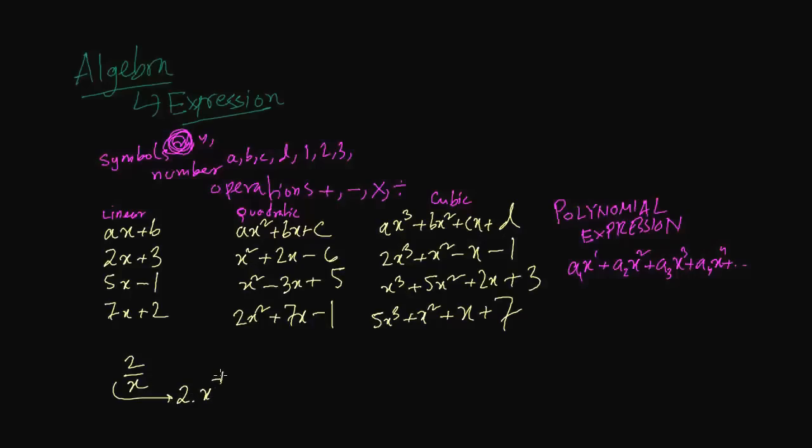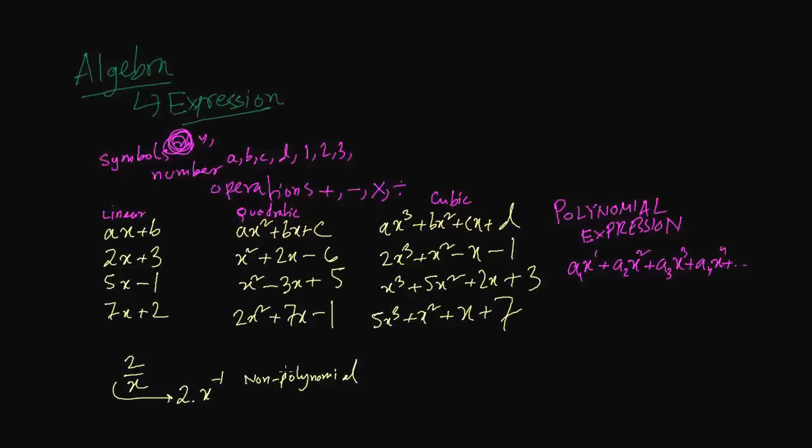Now the power of x is negative, so this is not polynomial. So this is a non-polynomial expression. Whenever we have an expression where any term has a negative power when brought upstairs, that's not a polynomial expression at all. This is something that is very, very important to remember.